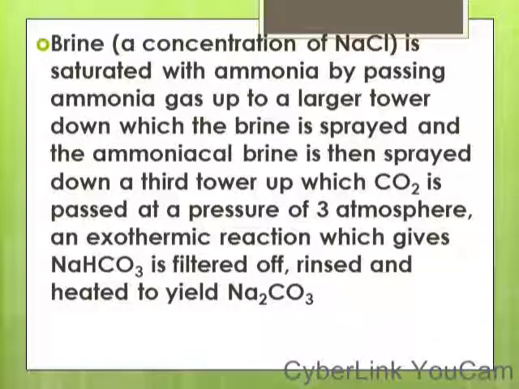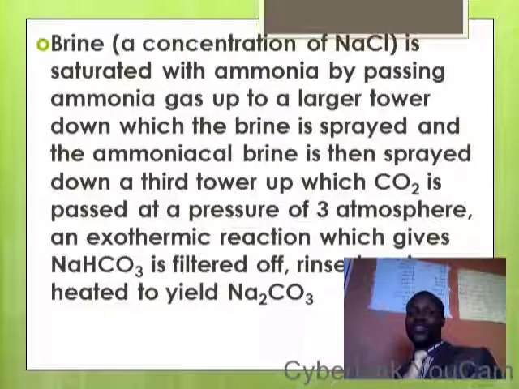It is rinsed and heated. When you heat sodium hydrogen trioxocarbonate(IV), the major product is sodium trioxocarbonate(IV). Put that on your mind. Don't forget. Ask yourself questions. Pause and think.